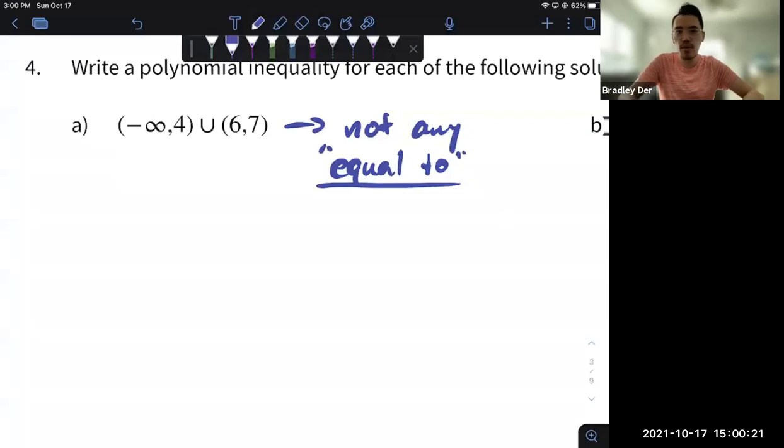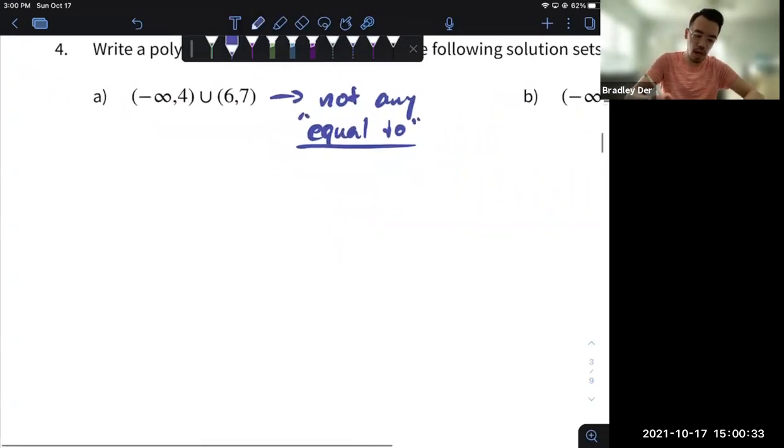So in the previous problems, when we had less than or equal to, greater than or equal to, we would use those brackets to include our roots. The fact that those aren't here is telling me that we're not going to do anything with the equal tos, right? Strictly less than or strictly greater than.